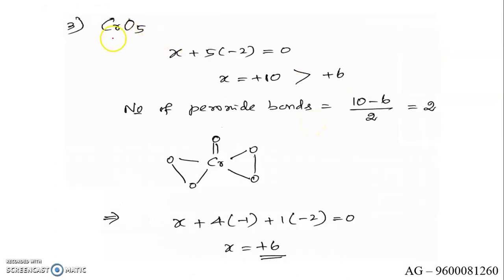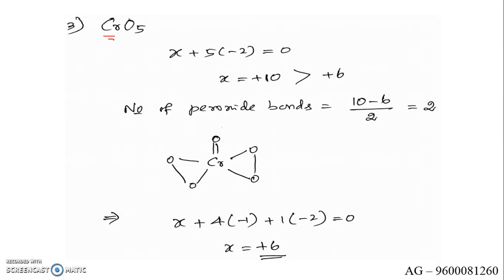So the next example, CrO5. If you use the normal method, the oxidation state of chromium, let it be X, plus you have 5 oxygen, 5 into minus 2, equal to 0. So this is minus 10, bring it to the right hand side, you will get plus 10. You know very well, for chromium the outer electronic configuration is 3d5 4s1.